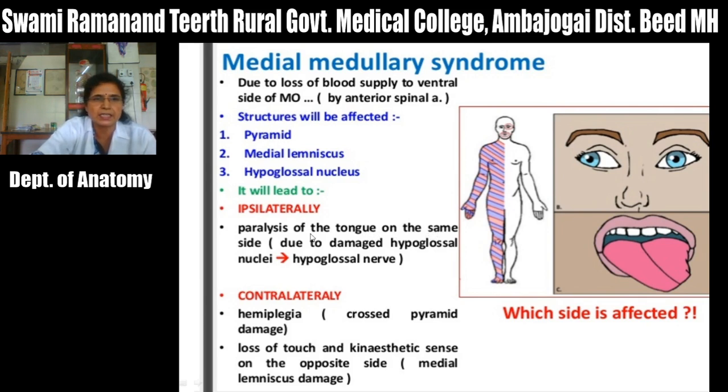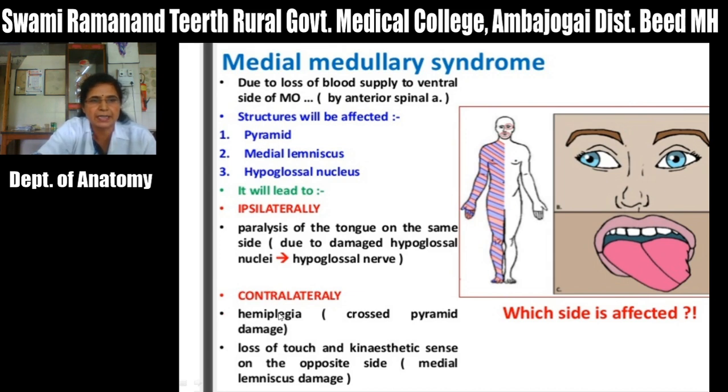Why is there paralysis of the muscles of the tongue on the same side? Because there is injury to the hypoglossal nerve nucleus, which gives rise to the hypoglossal nerve, which supplies the muscles of the same side. Then there is contralateral hemiplegia, due to injury to the pyramids.